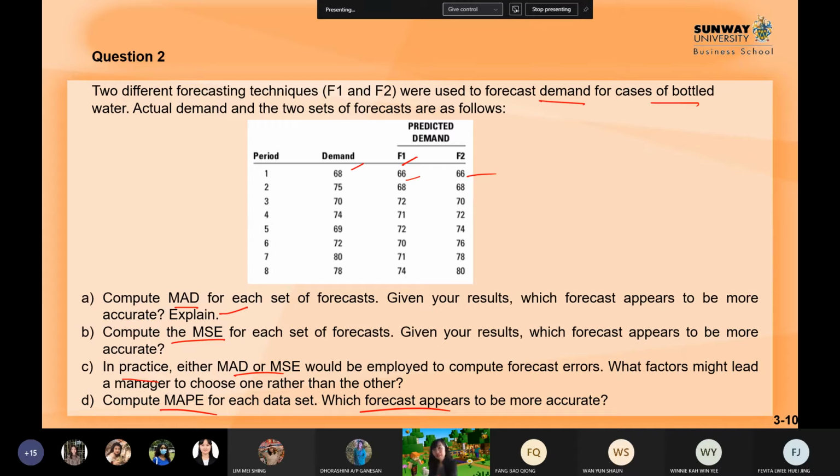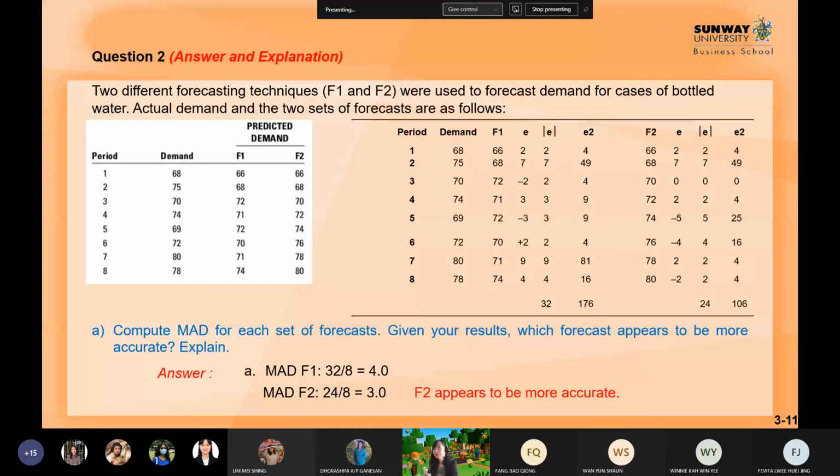Okay, let's see question 1, the answer. You have to copy this table to a new Excel sheet before you start calculating. You copy demand and forecast 1, and the error is here.